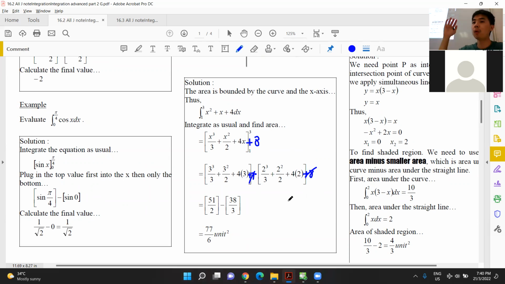That's why when doing integration with limits, the definite integrals, you can completely ignore C. If it is not, you must at least put plus C there. But with limits, you can completely ignore C because no matter what number C is, here and here will cancel off each other. Can you get that?